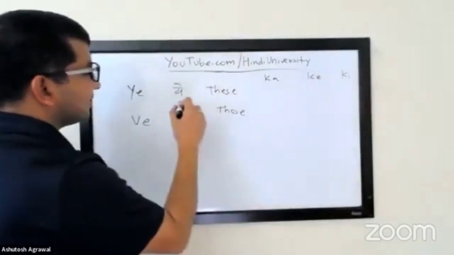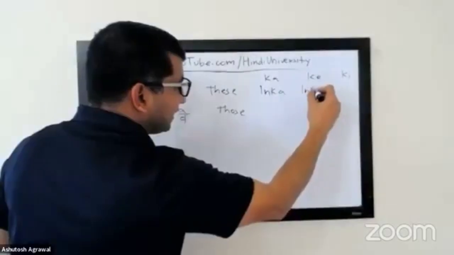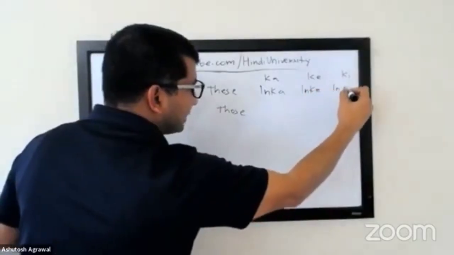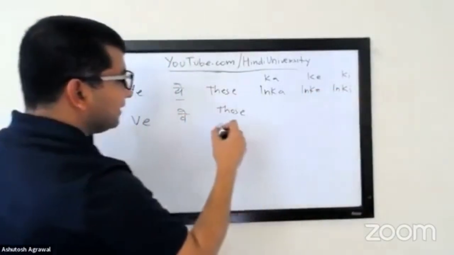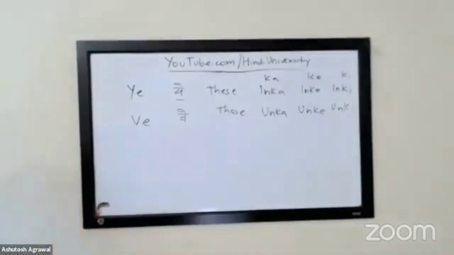What do you think? Very good, right? You have इनका, इनके, और इनकी. Similarly, वे would be उनके and उनकी. We will cover examples, okay? I know some of you are thinking, which is a good thing, we should be, right? So we will use them in the examples, okay?